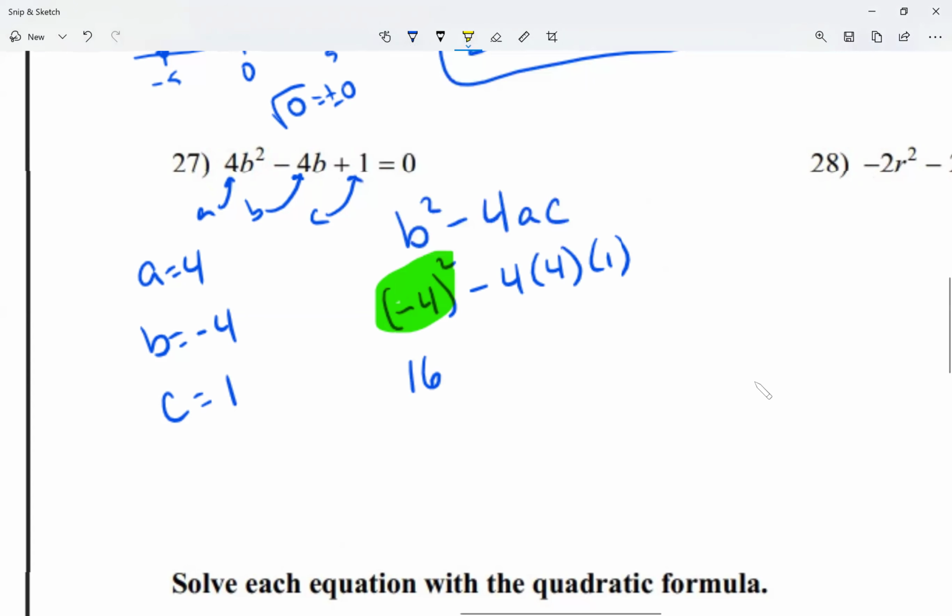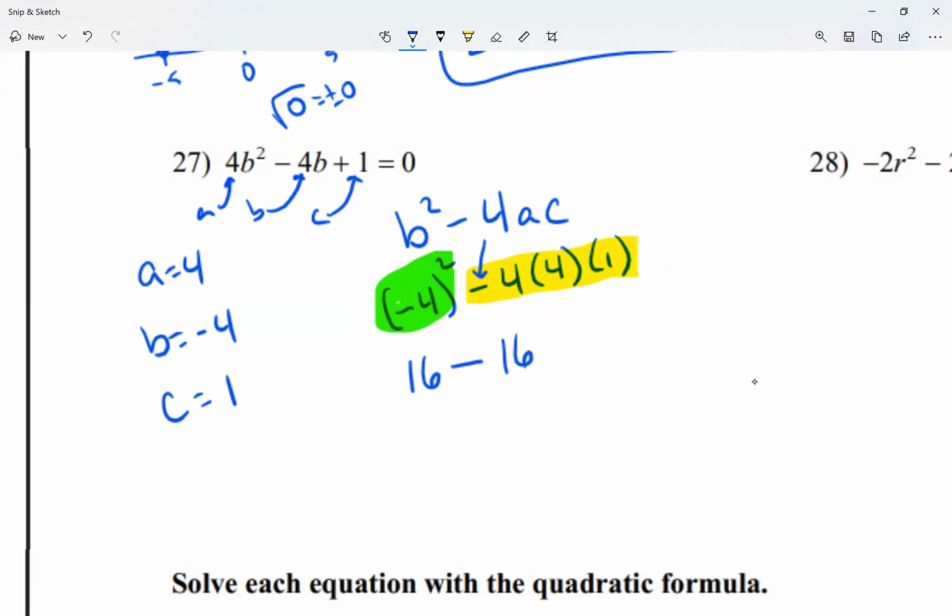Then I look at my second part. I look at how many negative signs I have. I have 1 negative sign. That's an odd number. So because it's an odd number, I'm going to put it as a minus. If it was an even number, I would have put it as a plus. I multiply my numbers. 4 times 4 times 1 is 16.